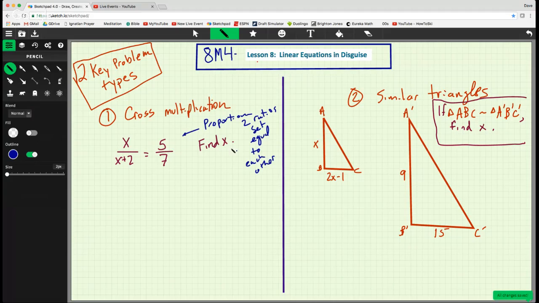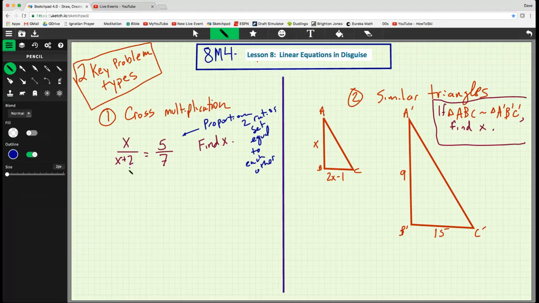One way to do it, the way most people solve it, is cross multiplication. You take the numerator of the left side and multiply it by the denominator of the right side, and then set that equal to the denominator of the left side times the numerator of the right side. So if we do that, let's see what happens.